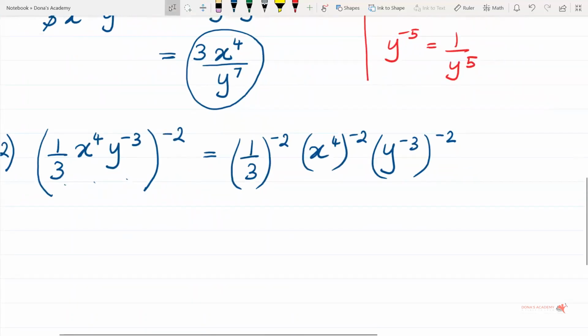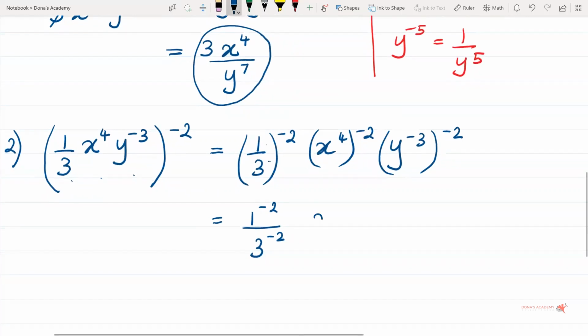Now we can use the power of power rule. Here we see a division, so this becomes 1 to the power -2 divided by 3 to the power -2. I'm not going to repeat which rule I'm using, but you can clearly see what I'm applying here. And here I use the multiplication of powers: x^-8, y^+6.